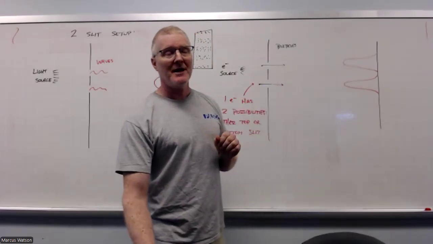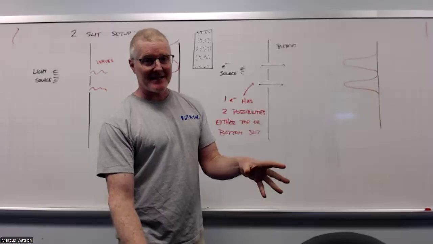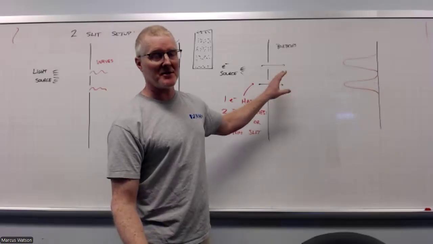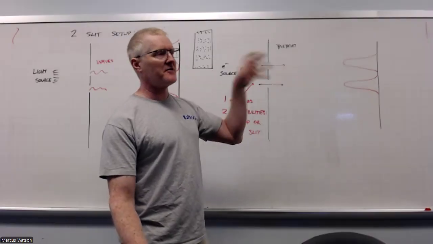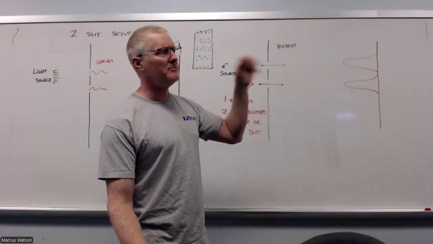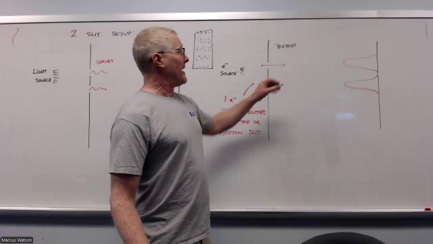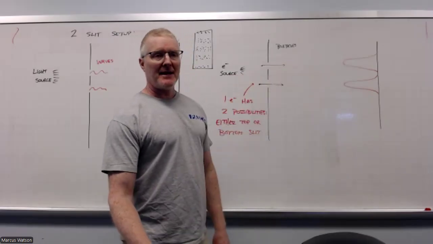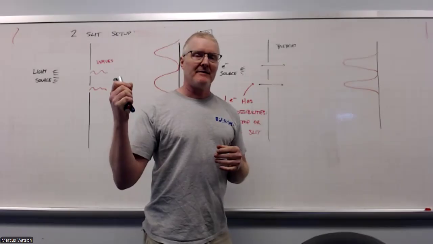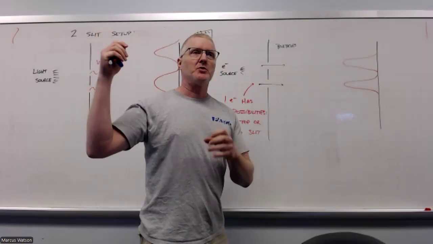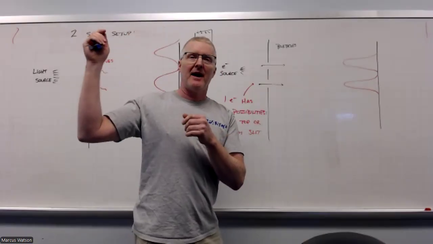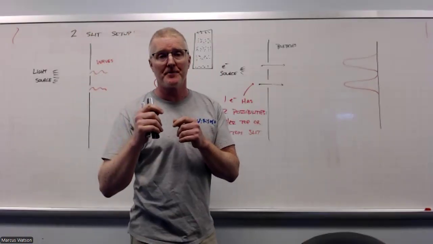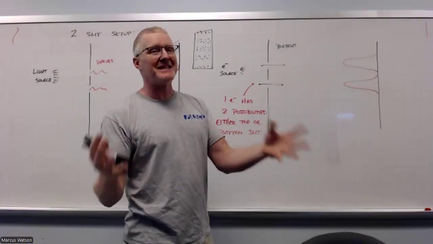And furthermore, if you randomly select times when the light comes on, you don't look at every electron. Suppose that this thing's just firing electrons merrily, one per second. Boom, boom, boom, boom, boom, right? And I have a light back here, like a strobe light. It's going to shine, and then I'm going to see which slit the electron went through. But I don't do it on every single electron.